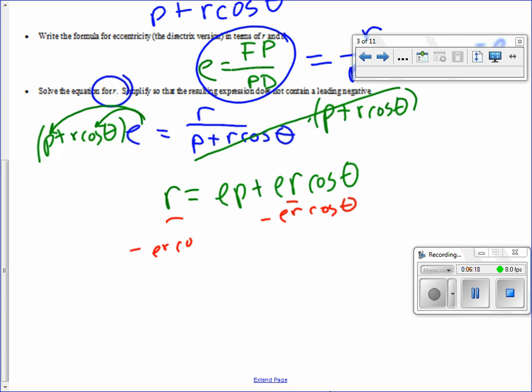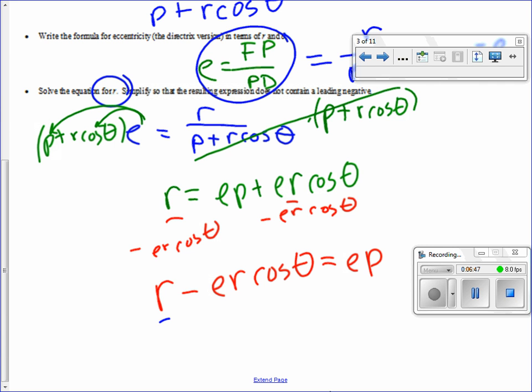So the left side now reads R minus ER cosine theta equals EP, so that everything that has an R is on the left side of the equal sign, and everything that doesn't have an R is on the right side of the equal sign. Now there's a GCF here.